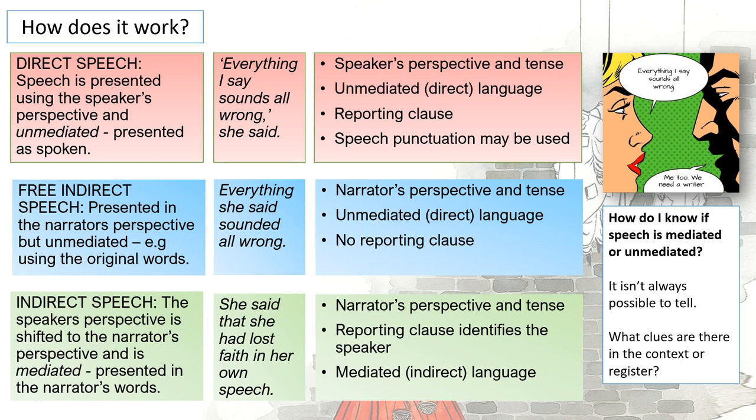It's a difficult question to ask whether speech is mediated or unmediated, and you don't always know in certain situations, which is why it can be so hard to identify free indirect speech. So often with free indirect speech, there will be clues in context or clues in register. Sometimes you get the feel of the character's voice, even though it's actually presented through the narrator's perspective.